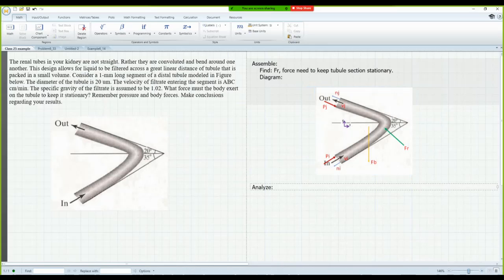So now we can go to the analyze for these kinds of problems. For the analyze, we first, as always, start with the assumptions. In this case, it's going to be an open system. We've got mass crossing the system boundary, so it's open.